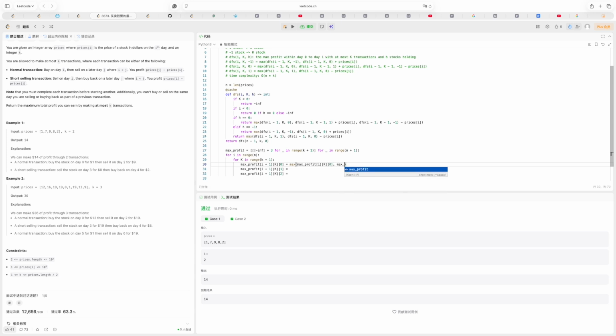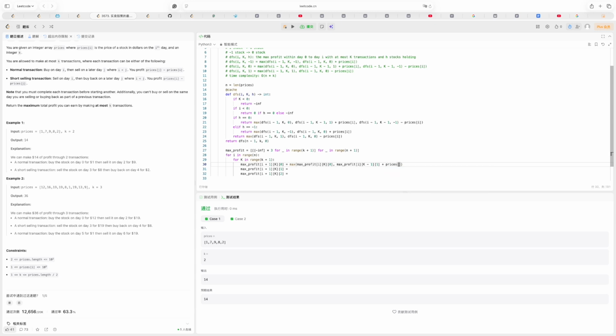And max profit, 0 will be coming from selling one stock. But since we sell a stock today, and we finish a transaction, we have to have one stock when we sell. So selling, we will get the profit.